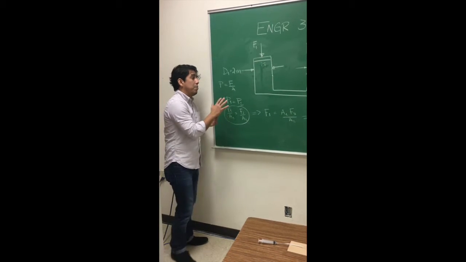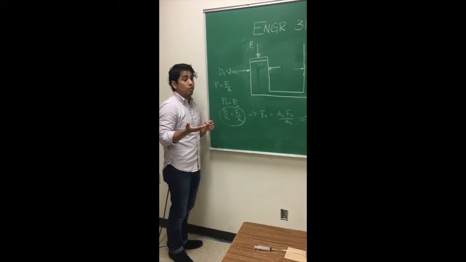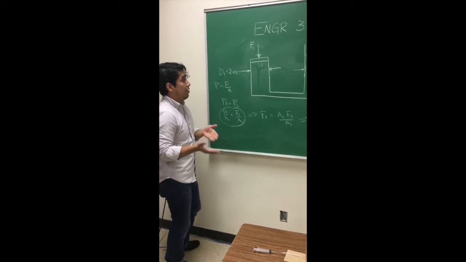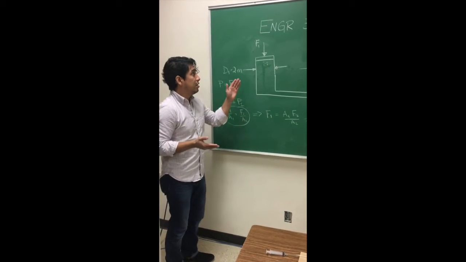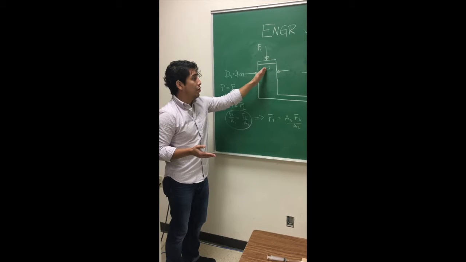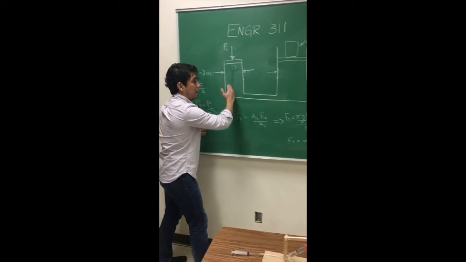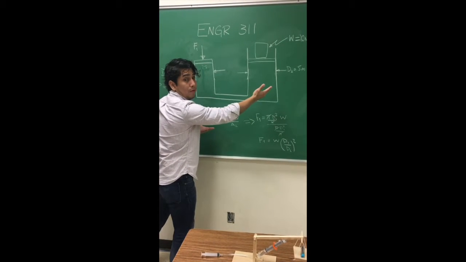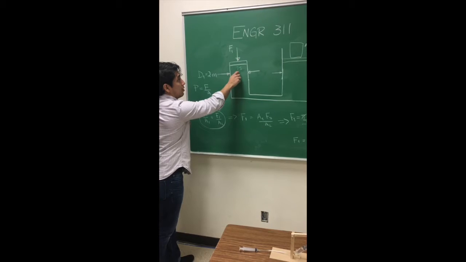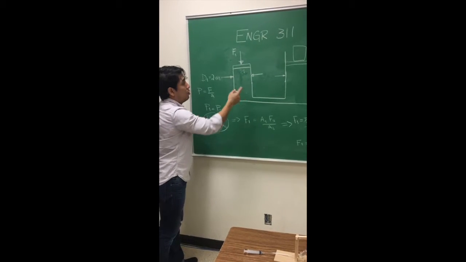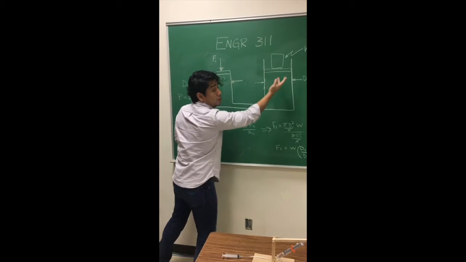Now, let's go ahead and remember what pressure equals. Pressure equals force over area. So, if we go back and remember what Pascal's principle states, the pressure exerted throughout a confined liquid is going to be equal at all points, at every point. So we can say that the pressure exerted on this end, let's call it pressure 1, is going to be the same as the pressure over here, pressure 2.